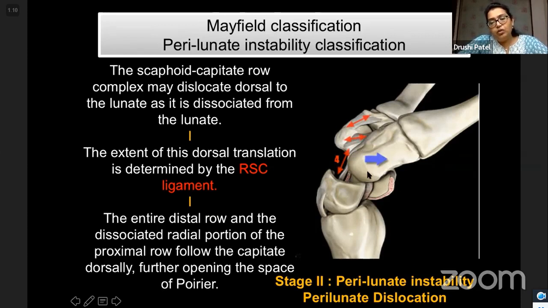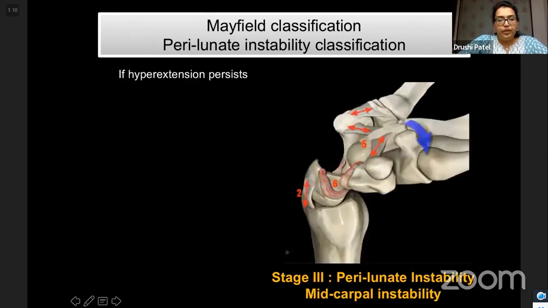The entire distal row will follow the capitate, and this will result in opening of the space of Poirier. So this change in the alignment of the lunate bone is perilunate instability. Here it is the capitolunate joint that is getting disrupted.